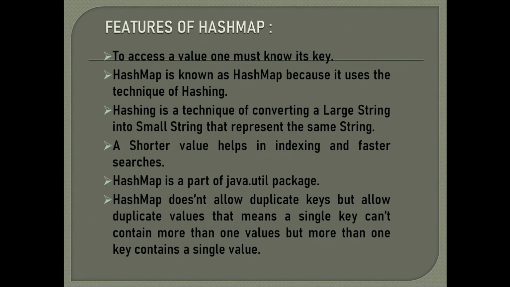But yes, we can use duplicate values, which means that a single key can't contain more than one value. When we are using any key, we cannot allot multiple values to it. It can only be a single value, but more than one key can contain the same value. For example, if we are using A, B, C as keys, then each of these keys can contain the value 10.